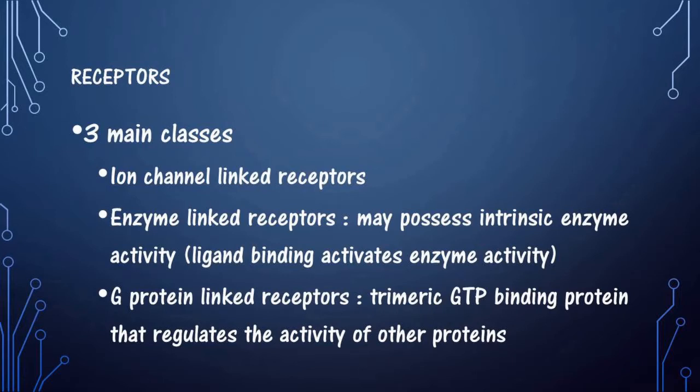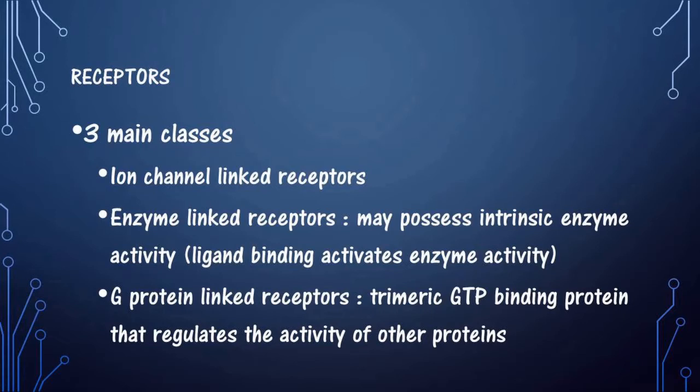Ion channel linked receptors are those which have an ion channel linked to them. Enzyme linked receptors have an intrinsic enzymatic activity. G protein linked receptors have a G protein coupled to the receptor. The G protein is nothing but a protein which has a GTP binding site.